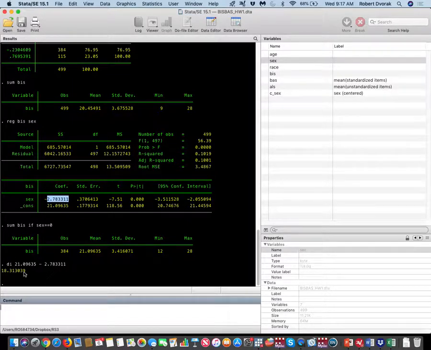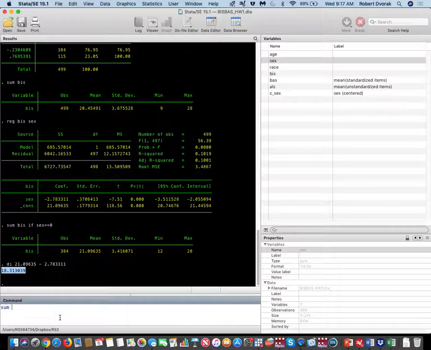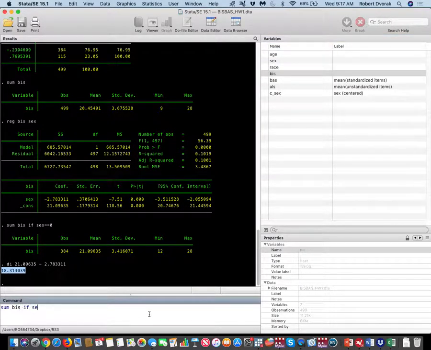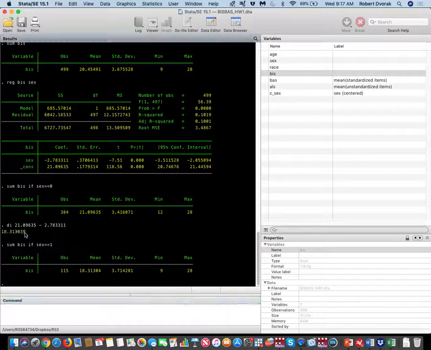So that means that the level of BIS in the one group is 18.313039. We can check this by going sum BIS if sex equals 1, and it should be 18.3130. There's a rounding error there, of course, but pretty dang close, right?